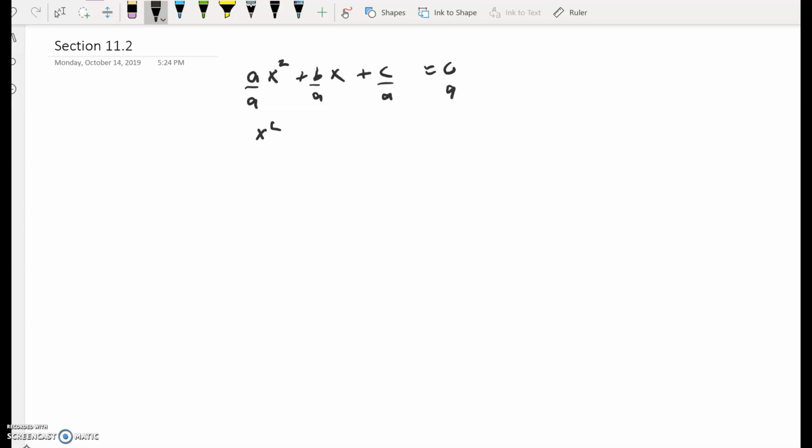That gives us x squared plus b over a x plus c over a equals 0. And then we're going to take away c over a from both sides. I'm going to bring it over here to the left.